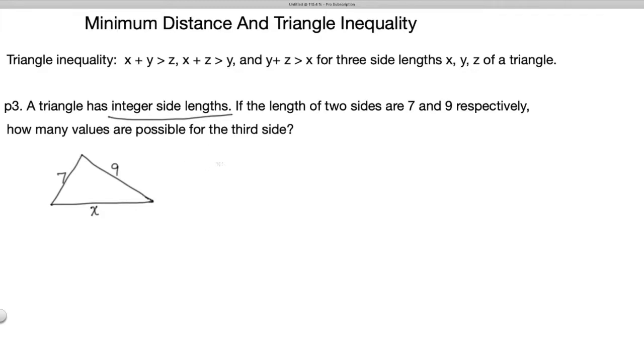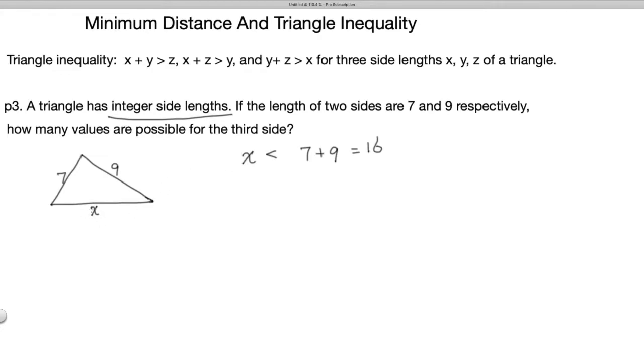From the triangle inequality, we know that x is going to be less than the sum of the other two sides, 7 plus 9, which is 16. Can x be too small? We know it cannot.